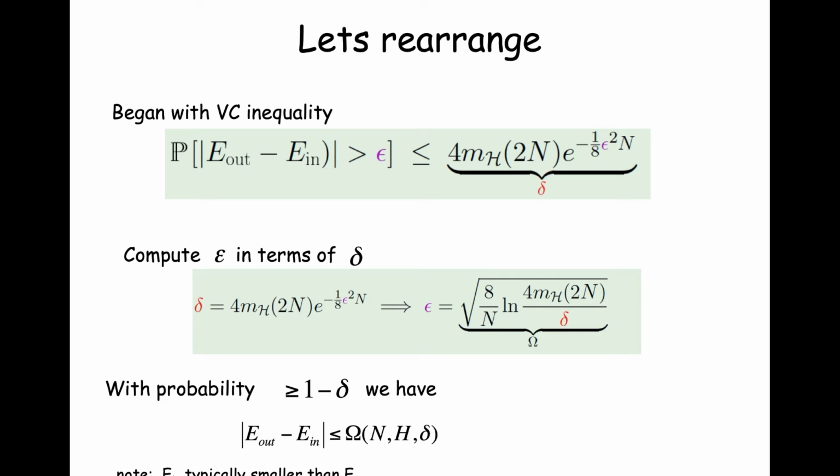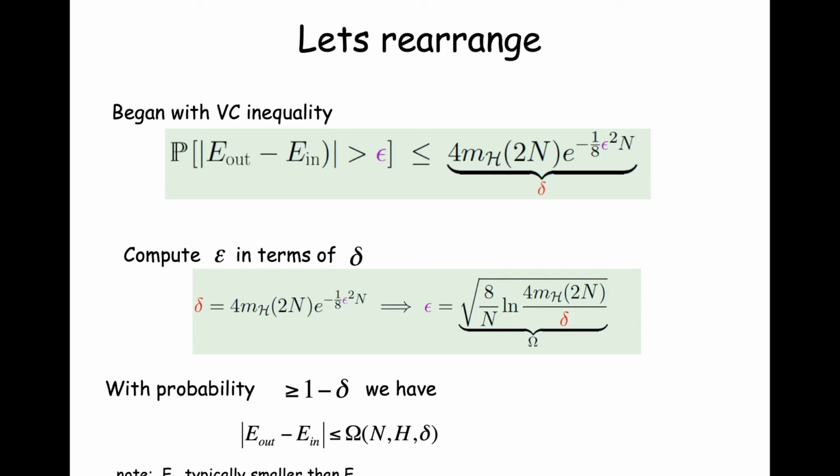So where we last left off, we talked about the VC inequality, namely the VC bound, and we took that bound on the probability that E in diverges from E out, that is hopefully small, and we rearranged it and solved for epsilon, our error tolerance.